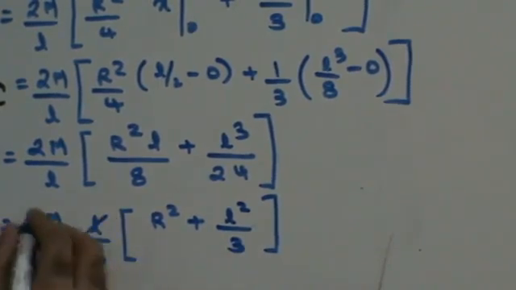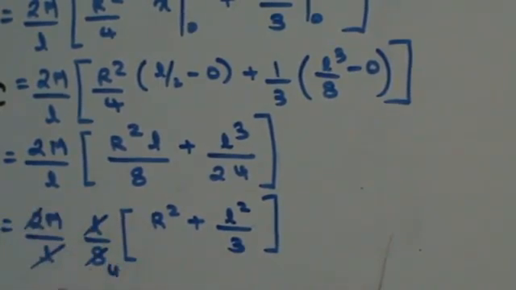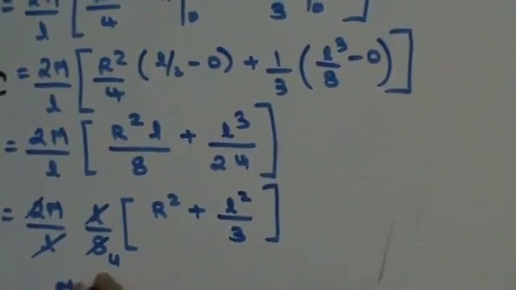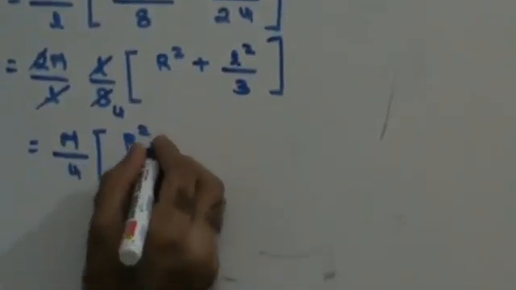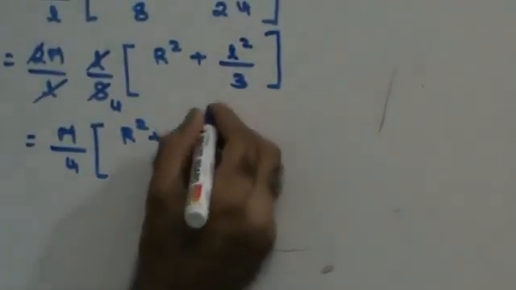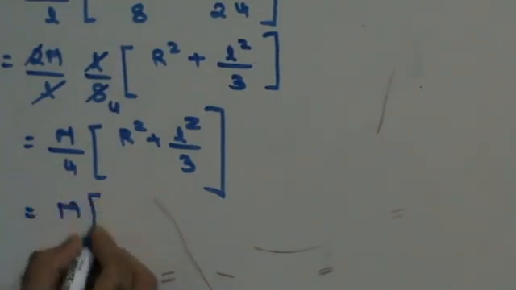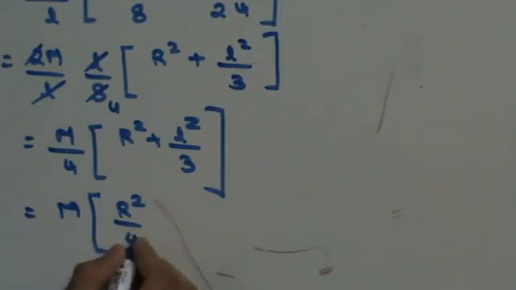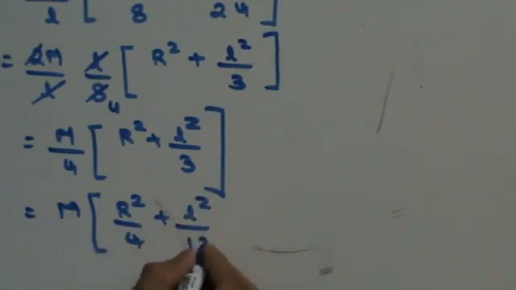L and L gets cancelled. This is 4, so this is m by 4 r square plus L square by 3. Right? So therefore I could say that this is nothing but m r square by 4 plus l square by 12.